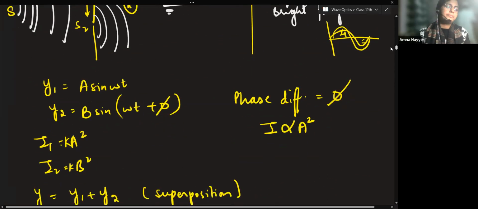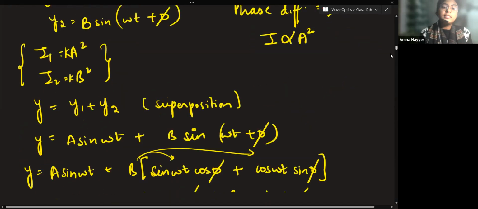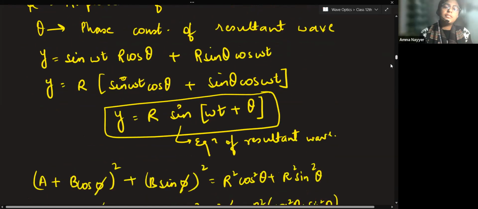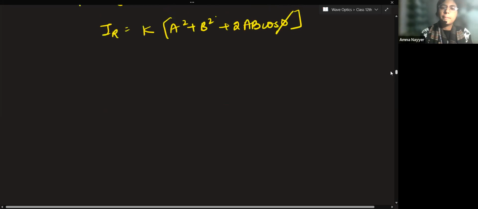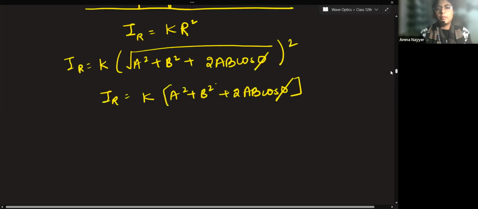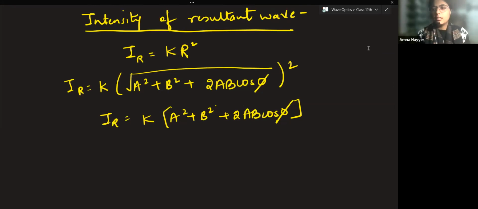Intensity is always proportional to the square of the amplitude. All right, class. So see, if you have to calculate the intensity of the resultant wave, intensity will be directly proportional to the square of the resultant amplitude.